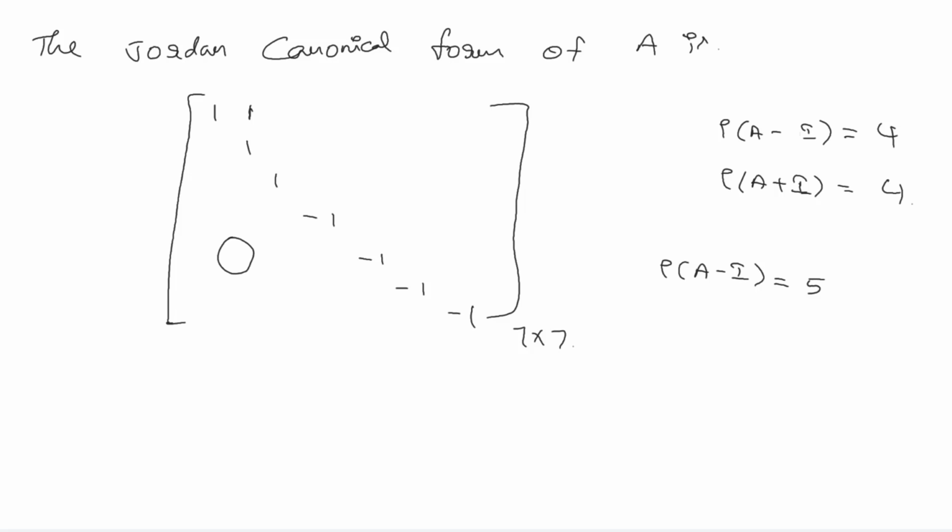If we assume there is a Jordan block of order 2, then rank of A minus I is 5, but it is given that rank of A minus I is 4 only. So there cannot exist a Jordan block of order 2. So the highest order of the Jordan block corresponding to the eigenvalue 1 is 1 only.